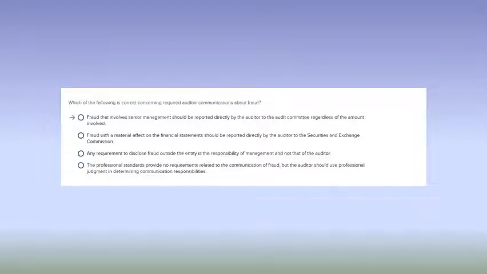Okay, let's take a look at this next one. Which of the following is correct concerning required auditor communication about fraud? And it needs to be what? If it involves senior management, yeah, and this is beautiful right here, and this is right out of our slides, it needs to be reported to the audit committee, regardless of the amount.